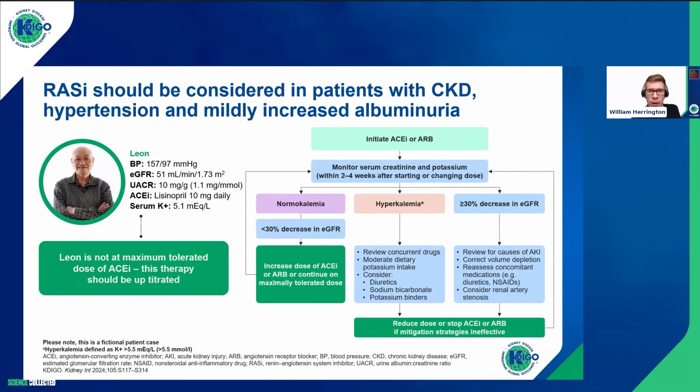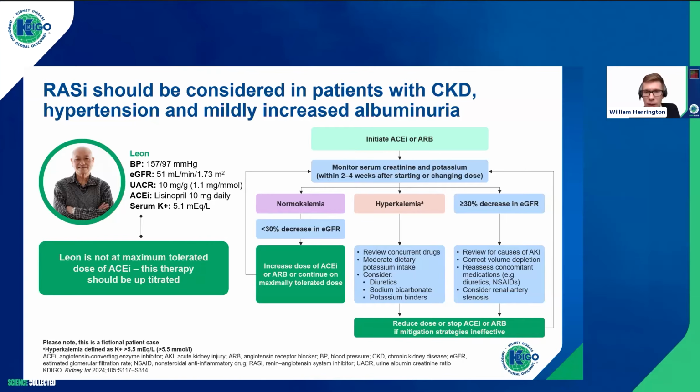Now, the change in GFR, small changes are expected because these drugs are purported to reduce intraglomerular hypertension. This is a sign that they are reducing some of the work of the remaining nephrons, and so that should be accepted. But large changes might represent some toxicity, particularly if it's greater than 30%. You need to review for evidence of volume depletion and whether or not they've got acute kidney injury.